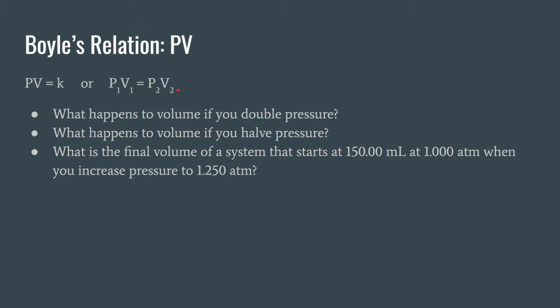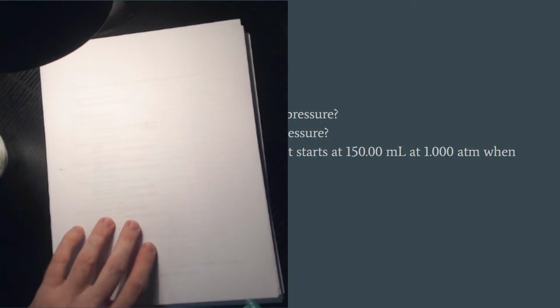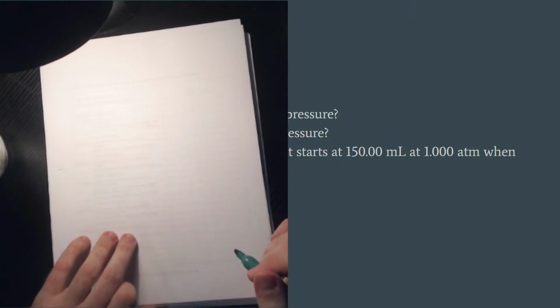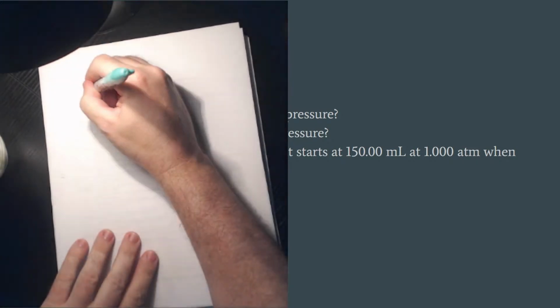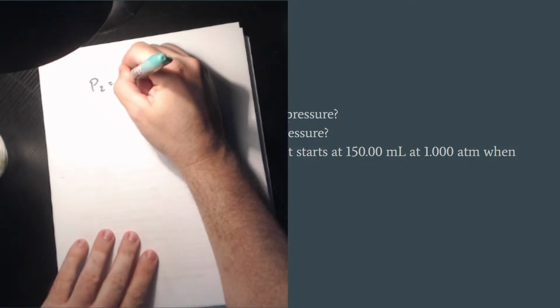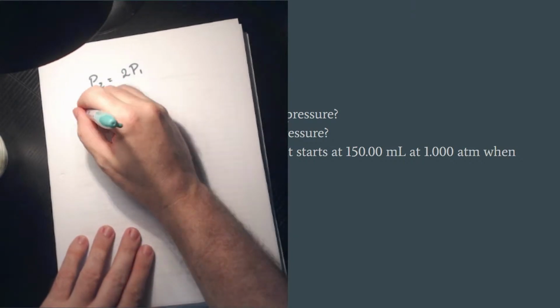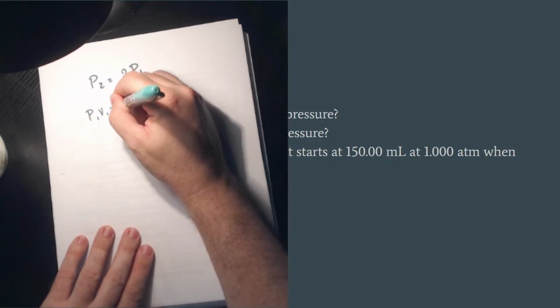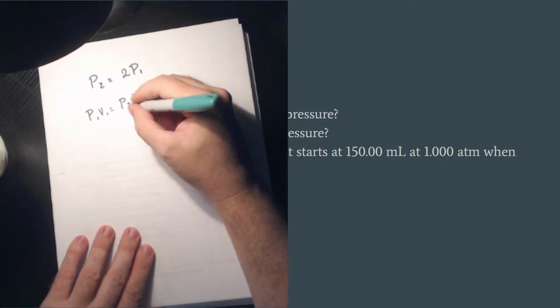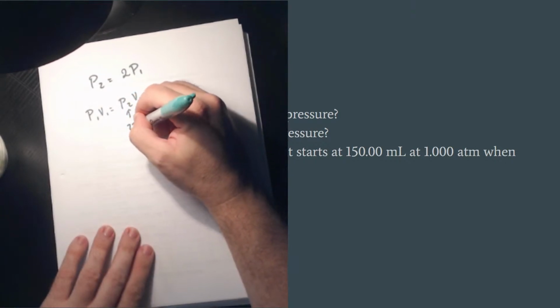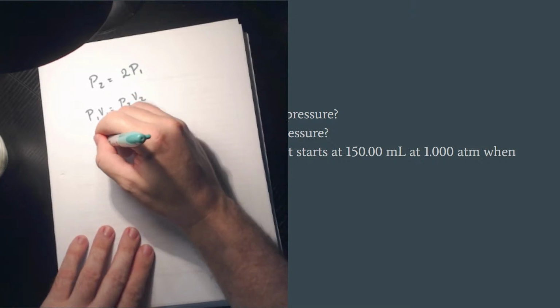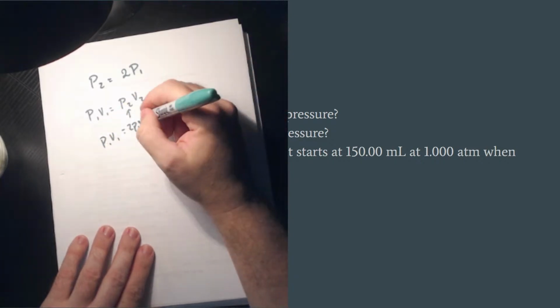So what happens to volume if you double pressure? If you double the pressure, that means the final pressure is equal to twice the initial pressure. So P1V1 equals P2V2, but P2 is equal to 2P1. So P1V1 equals 2P1 times V2.